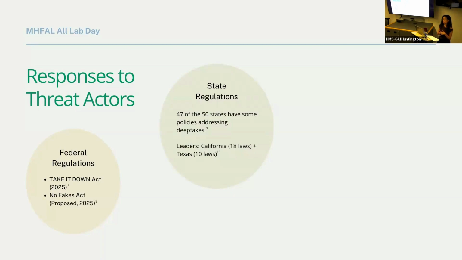So it doesn't really protect, for example, politicians or your average person from replicas of their likeness. And even looking at these 47 states further, usually these policies only protect minors, not adults.